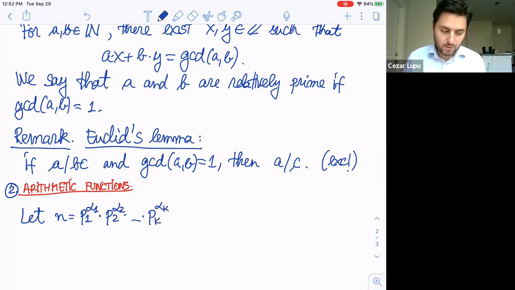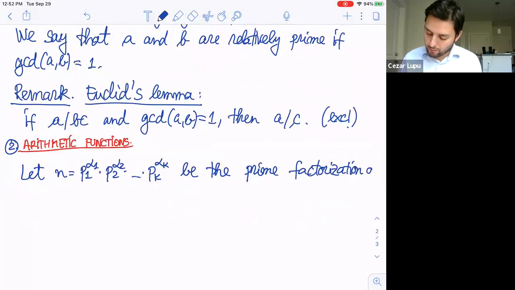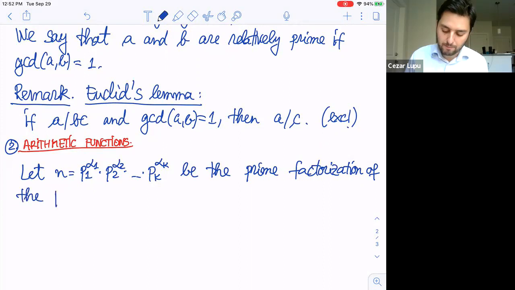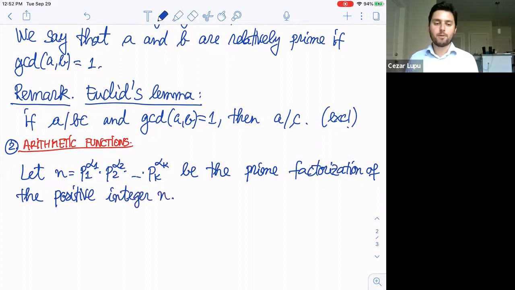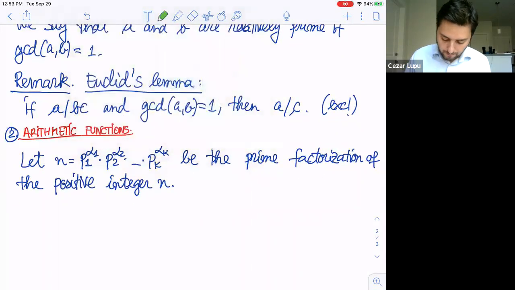So this is the prime factorization of the positive integer n. And now I'll define three arithmetic functions.